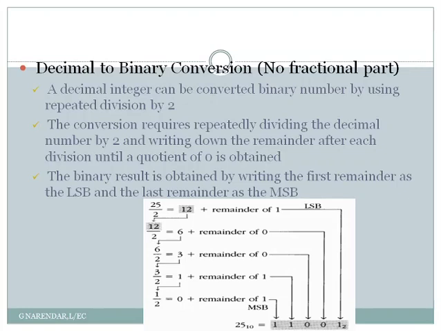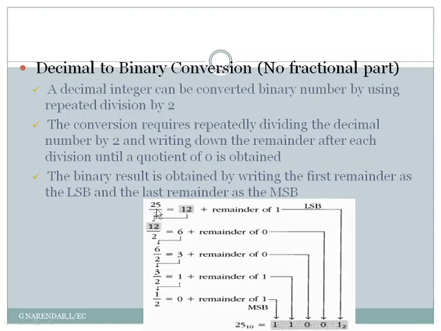We'll illustrate this conversion method by taking an example. We are given the decimal number 25, and we have to convert it into binary. You can follow step by step.